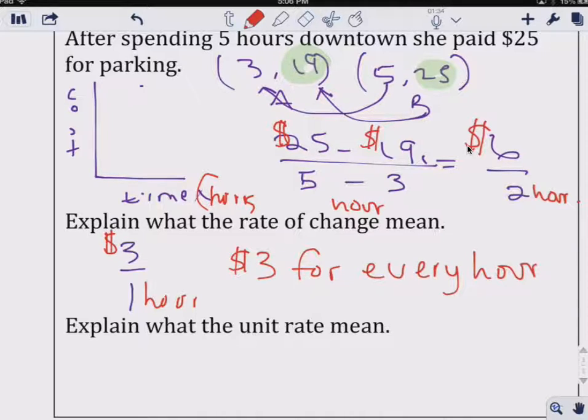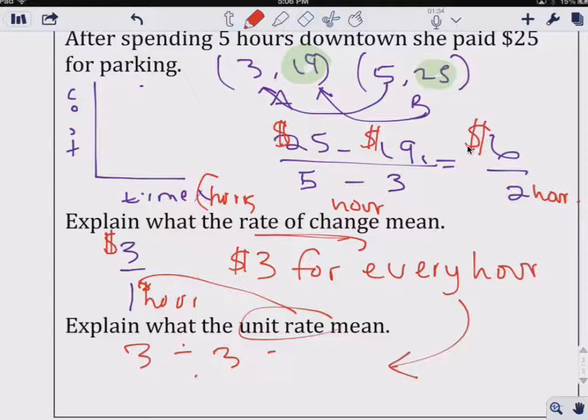For every 1 hour. Explain your unit rate. Well, your unit rate is the same as your rate of change because it already has a denominator of 1. So I can stop there. Because 3 divided by 1 is still 3 divided by 1, not 3 divided by 3. But 3 divided by 1 is still just 3 over 1. $3 in 1 hour.